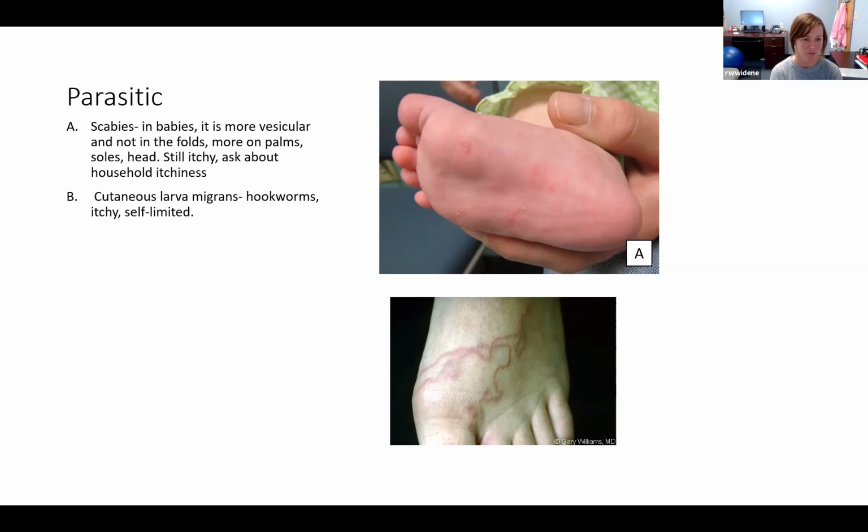They play in that all the time. So it was kind of a fun little case. But it had already been treated and he wasn't itching anymore. So that little pearl is just to know that scar tissue of the hookworm track can persist for months after treatment, and it's fine. It'll go away eventually.